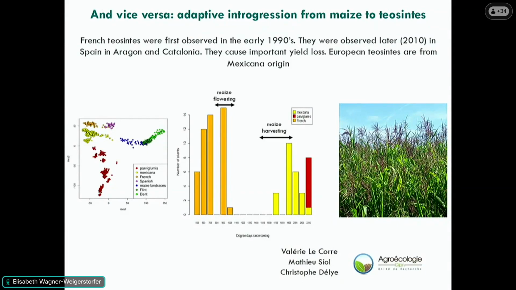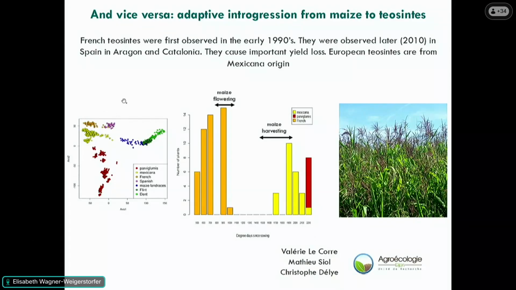And what we first did is we genotyped those Spanish and French teosanthes along with some Mexican teosanthes. And the first thing that we found is that those French teosanthes are of Mexicana ancestry. So they come from Mexicana, not from Parviglumis.